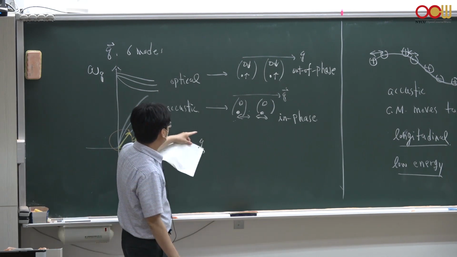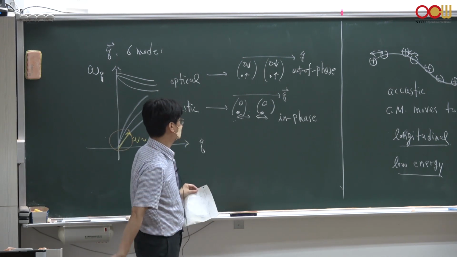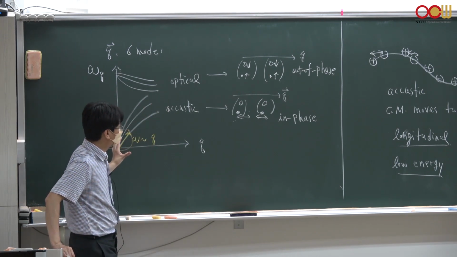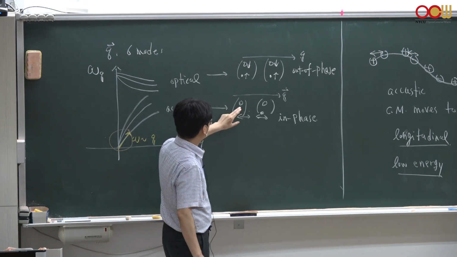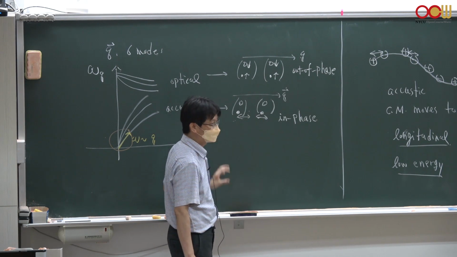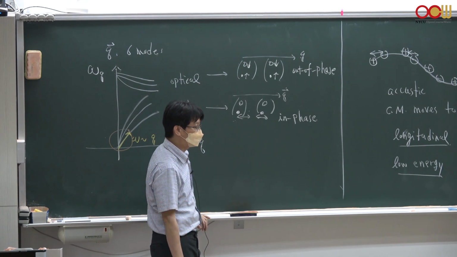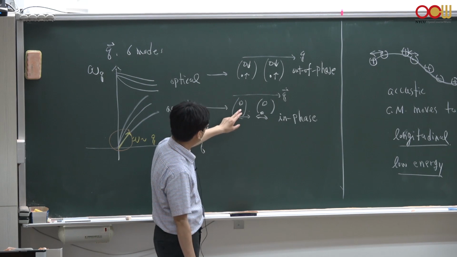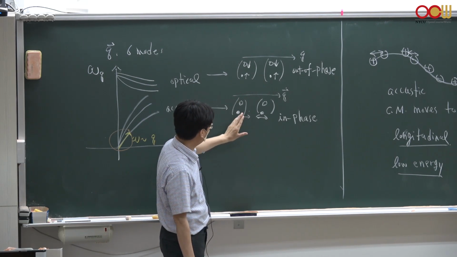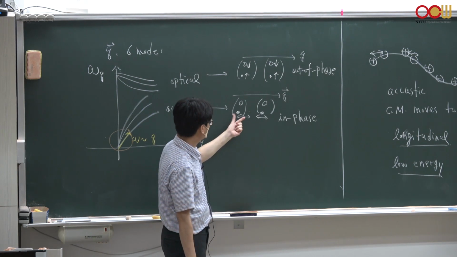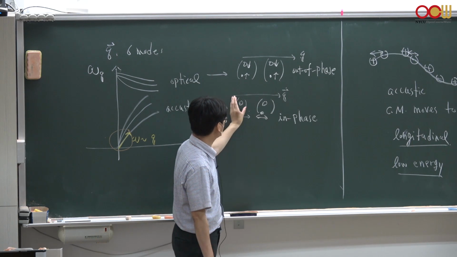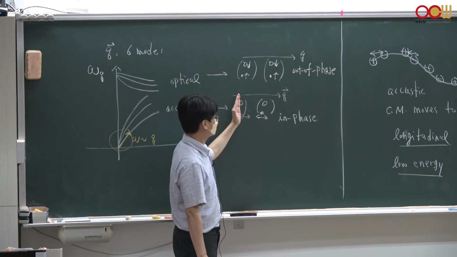So let me describe how they vibrate for these 2 different modes. For the low energy acoustic phonon modes, for example, if we write down this basic unit cell of this non-simple Bravais lattice, with 2 sublattice structures, the open circle and solid circle as a unit. For acoustic phonon modes, the center of mass of this unit cell moves together. So it's something like this.